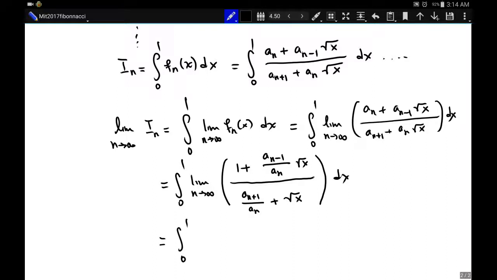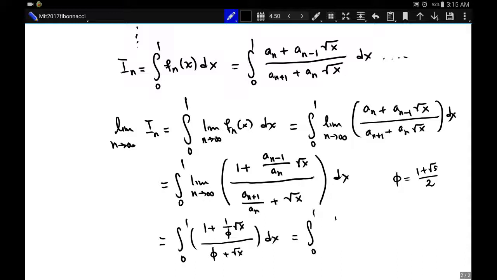From 0 to 1, 1 plus 1 over phi root x divided by phi plus root x, golden ratio number dx. Phi is 1 plus root 5 divided by 2. If you simplify this expression from 0 to 1, phi plus root x divided by phi plus root x dx. So basically this is from 0 to 1, 1 over phi dx.